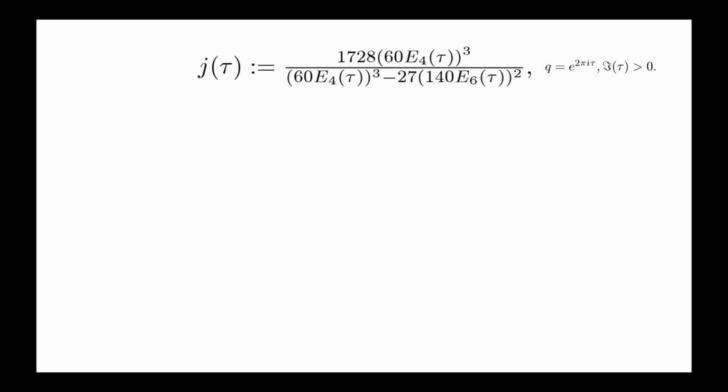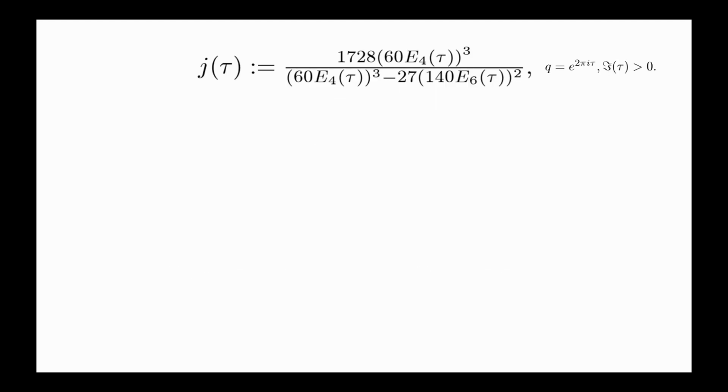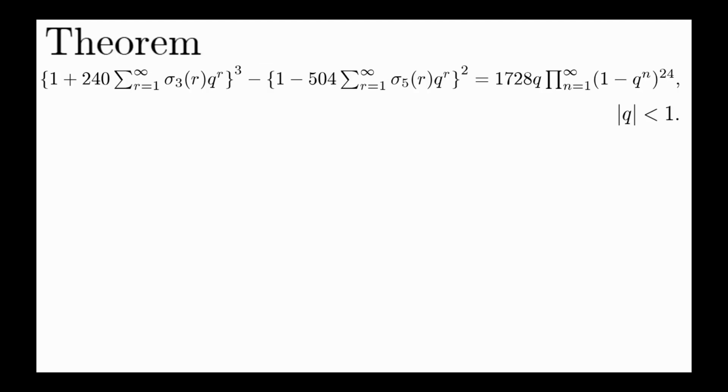But the j function is defined as this thing that we have constructed times 1728 times 60 cubed. That's the j function. Therefore, when you replace the product in the denominator here, it becomes exactly what we said the j function was before. And we are going now to show that the denominator evaluates to this infinite product.